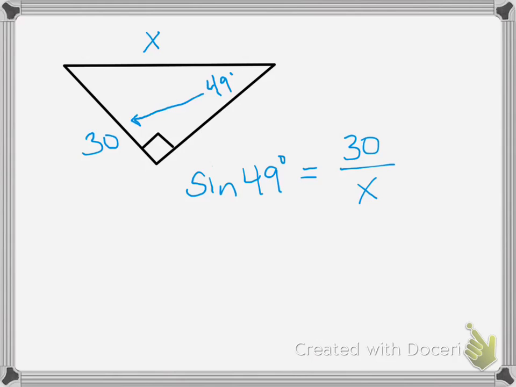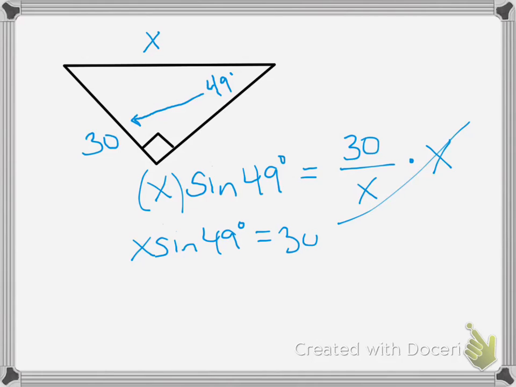To solve this for x, there are several ways, but I'll show you one way. I'm going to undo the division with multiplication, so I'm going to multiply both sides by x. The x's will cancel here, and I'm going to get x times the sine of 49 degrees is equal to 30.